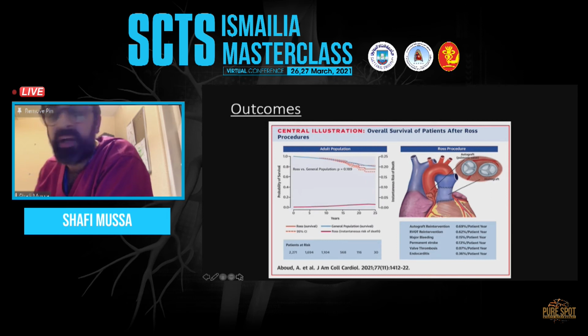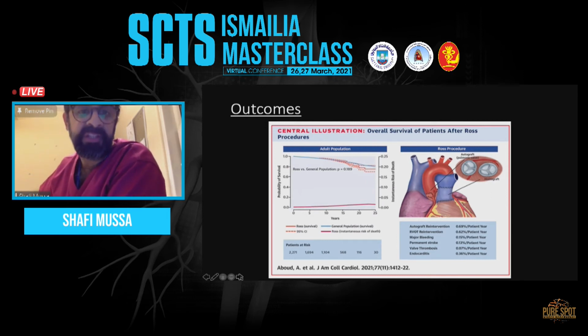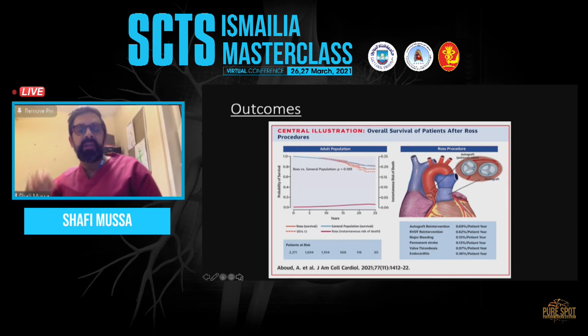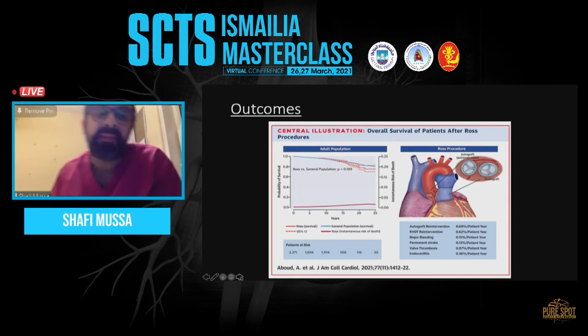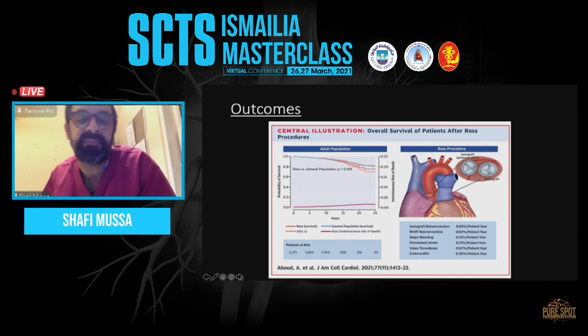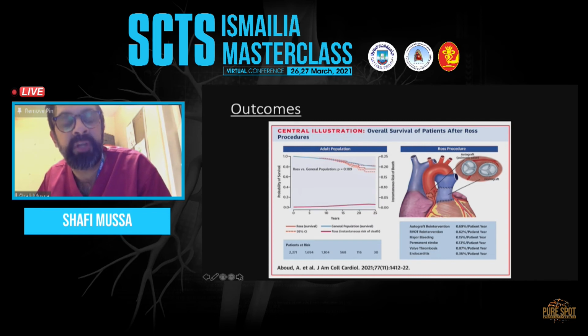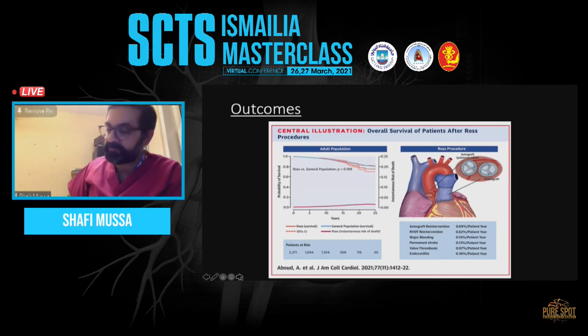So the survival following the Ross procedure is very, very good, and the risk of death is very, very low. So a Ross performed by a surgeon who understands the operation and performs a good operation is a very durable procedure with good outcomes overall.